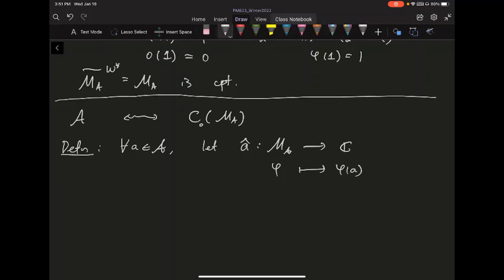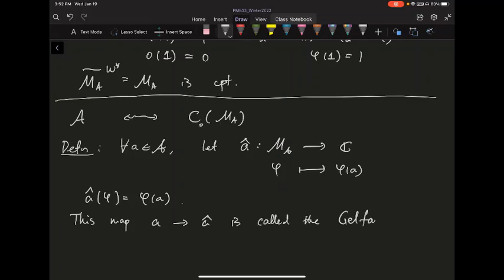In other words, a hat of phi is equal to phi of a. So this map from a to a hat is called the Gelfand transform, and this is the key transform of these commutative Banach algebras.